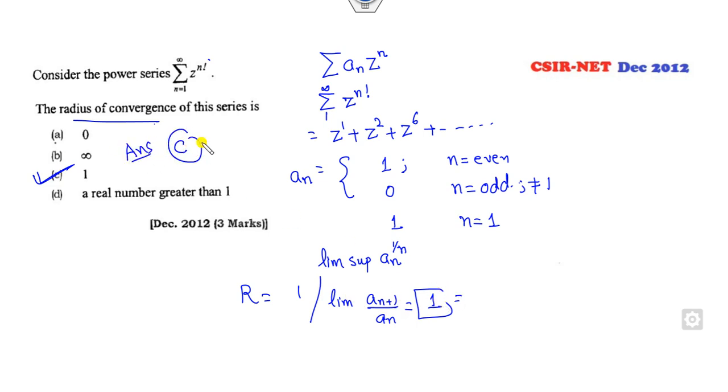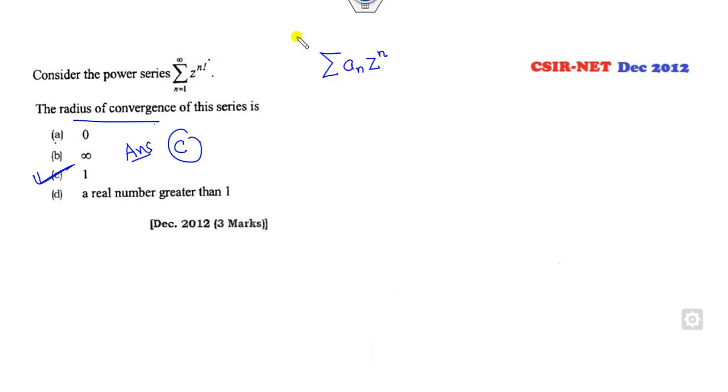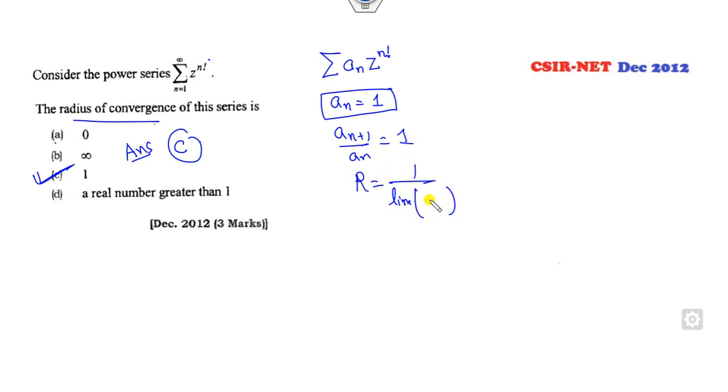So C is my correct option. Otherwise there is no need to do it this way. What you can do is simply say, if I compare this series, an is my 1. Then an plus 1 over an is also 1. So what is the radius of convergence? 1 over limit of an plus 1 over an, which is again 1, is the right answer.